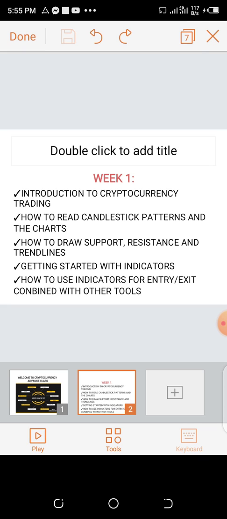In this week one, I am going to be showing you the introduction to cryptocurrency trading, how to read candlestick patterns and the charts, how to draw support, resistance and trend lines, then getting started with indicators, how to use indicators for entry or exit, combined with other tools. Without wasting any of your time, we are just going to go into the lab now and begin the practical right away. So let's head over to the class.